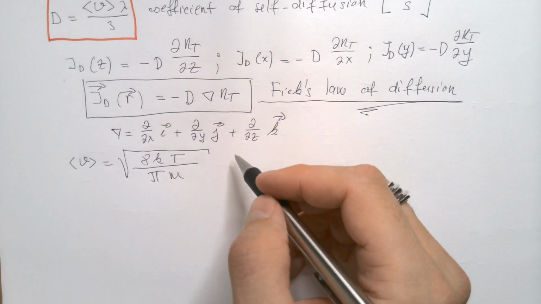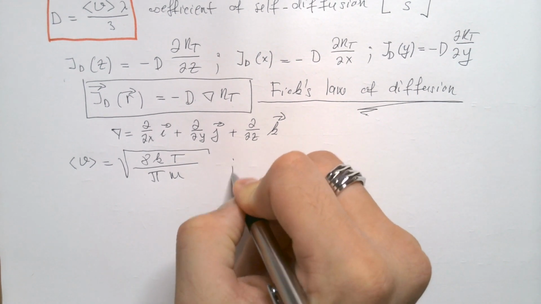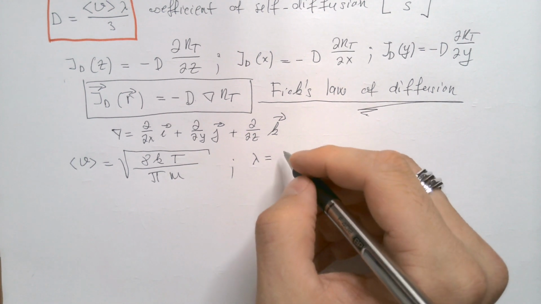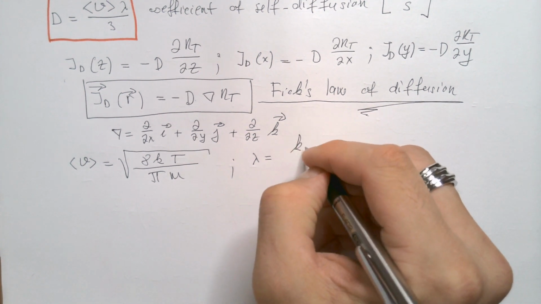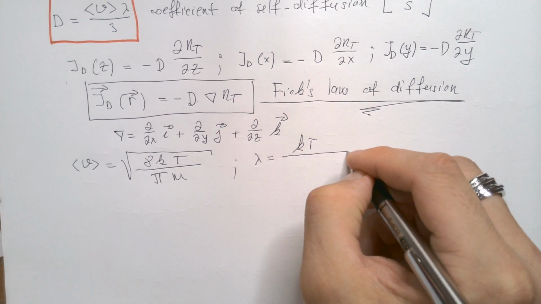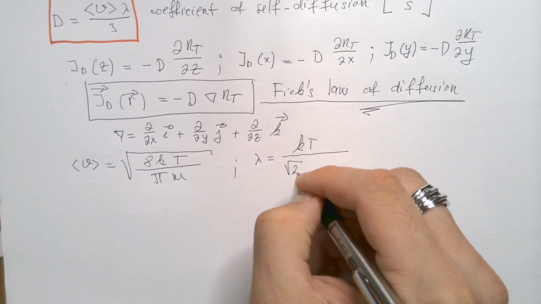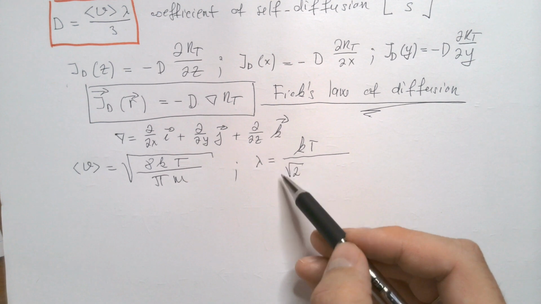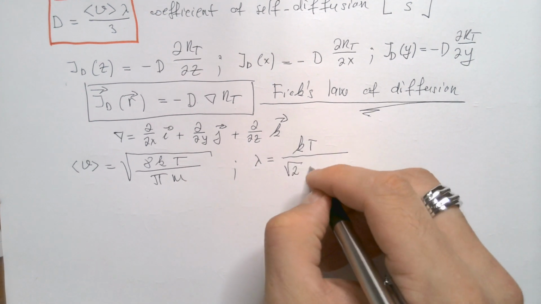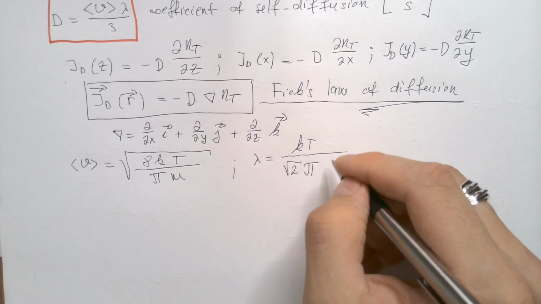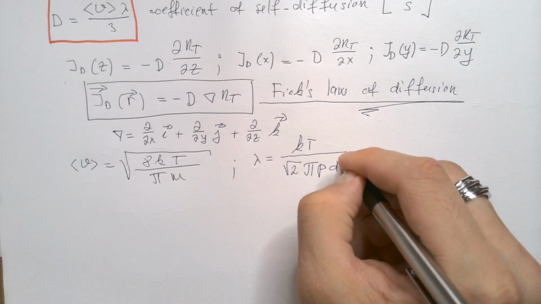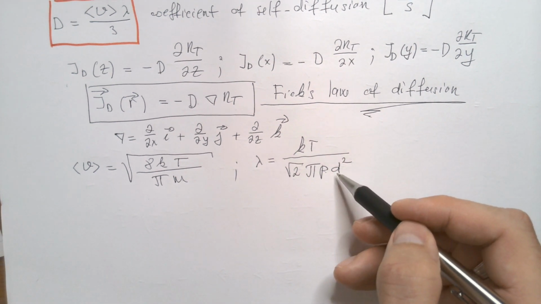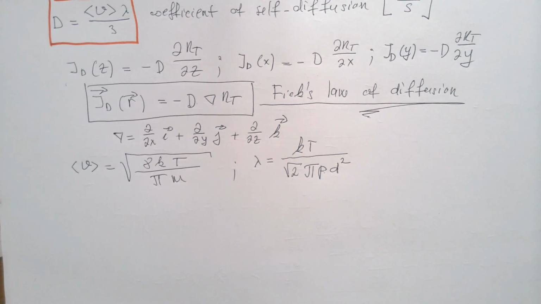And for the mean free path, once again, I have a separate video where I derived that lambda is equal to kT divided by square root of 2 times pi times pressure times d squared, where P is, as I just said, pressure in the gas, and d is particle diameter. You remember we went into great lengths to demonstrate there is a square root of 2 over here.